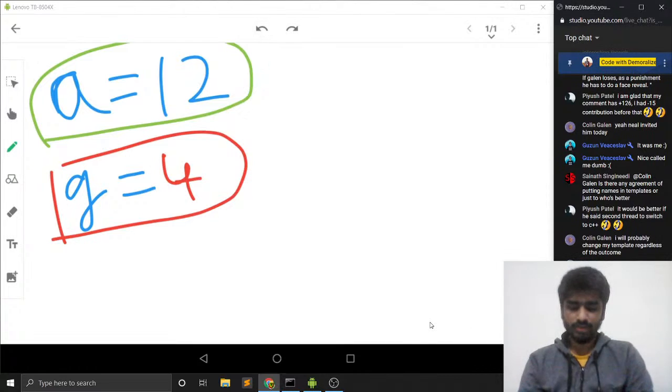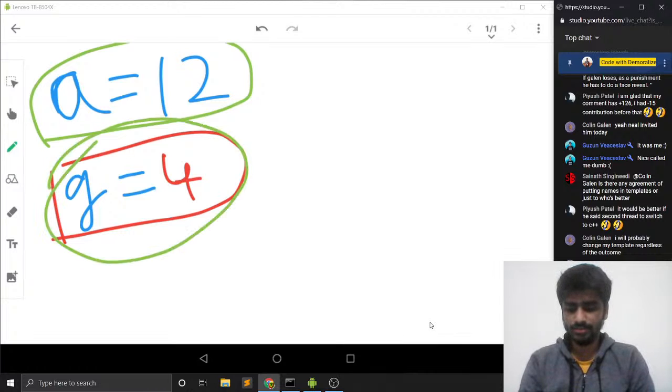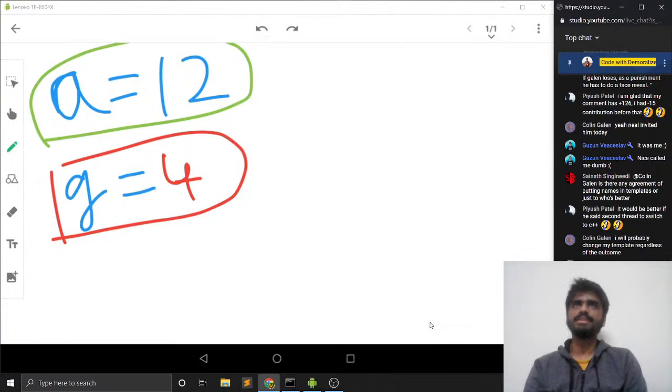In that case, what we want is the number of subsequences that exclude this number, and they have the GCD equal to this. So we have to find that out, right?